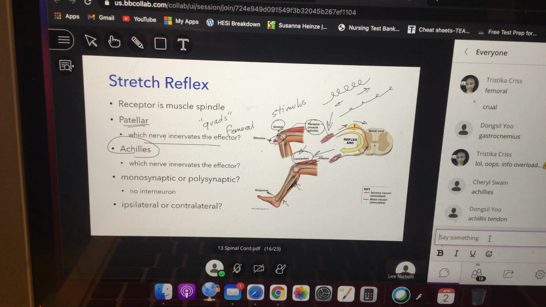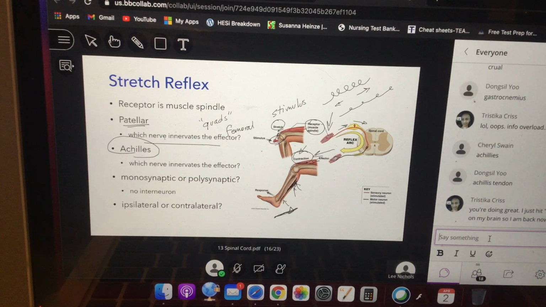So you can actually use your reflex hammer. I'll kind of draw a reflex hammer here. Oh, that's awful. There's your reflex hammer, and it hits the Achilles tendon, and you can feel the gastrocnemius muscle contract as well. So what nerve, okay, you refresh on your brain.